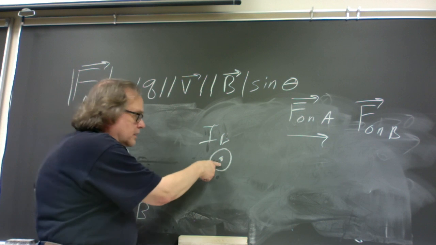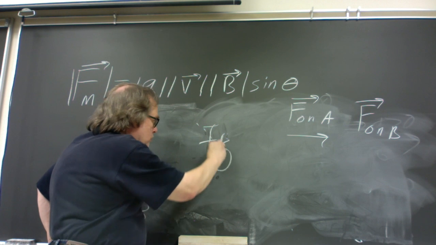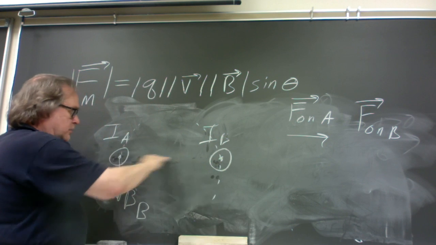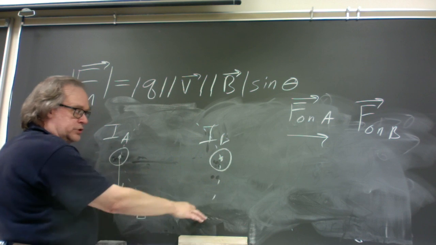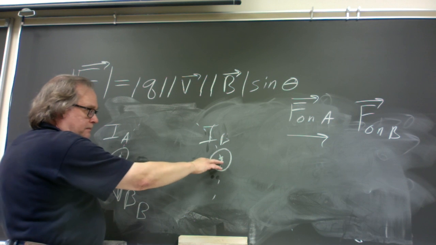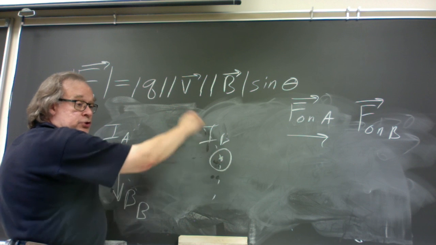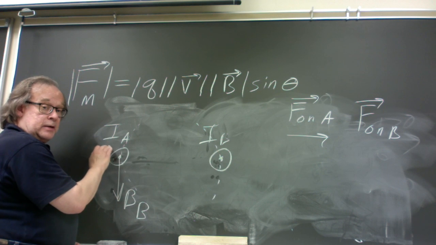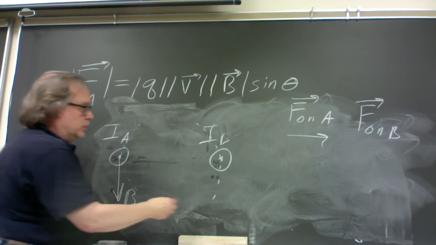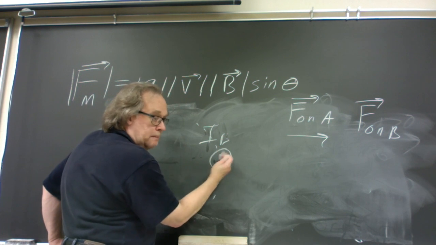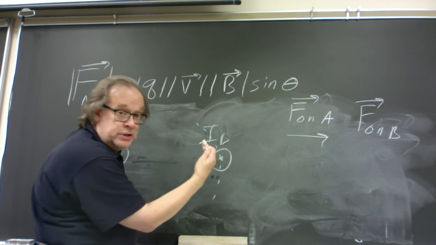So the field line that this point is on is a point on one of those circles. And since they're in the same plane and this is the center of these circles, then this is the rightmost edge of one of the circular field lines caused by this current. And so we know here that the field at this point is along a straight line tangent to the curved field line, so it again points either up or down.